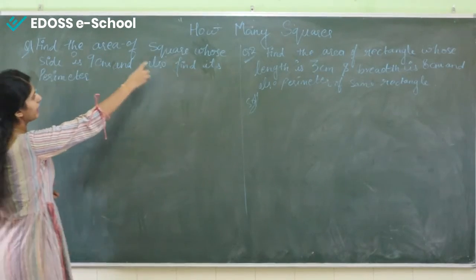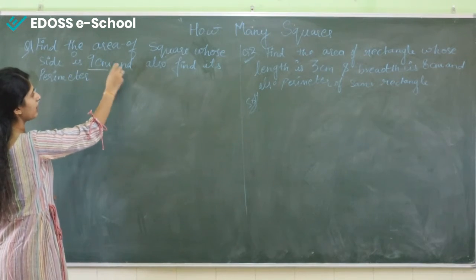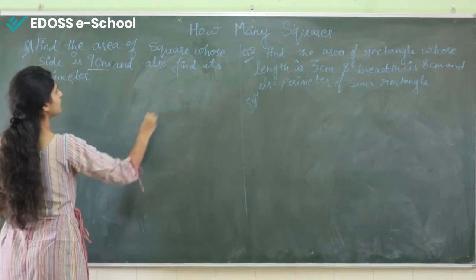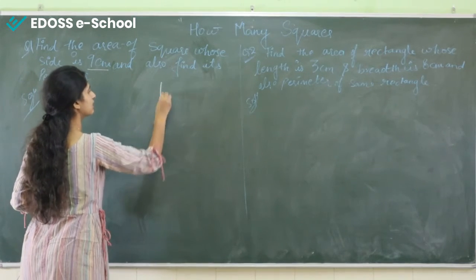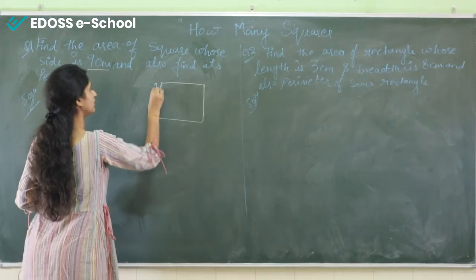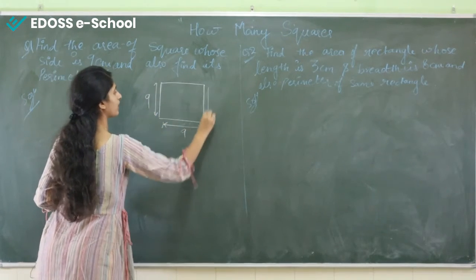Now find the area of square whose side is 9 centimeter and also find its perimeter. So here is one square whose side is 9 centimeter. As we know, all the sides of square are equal.